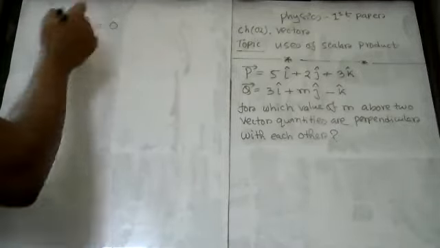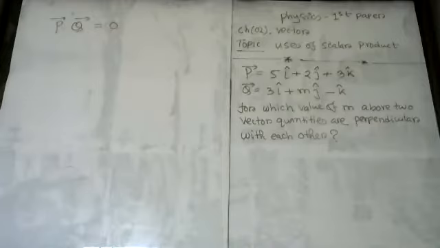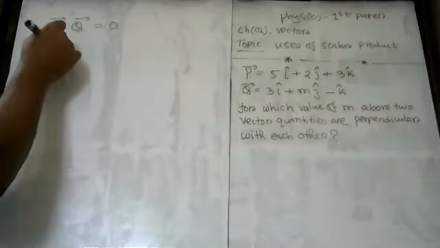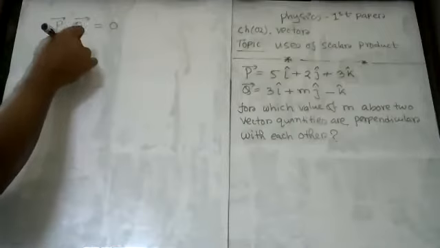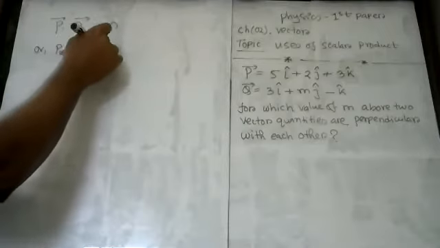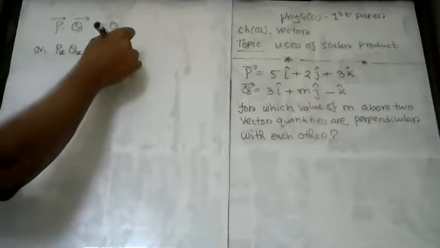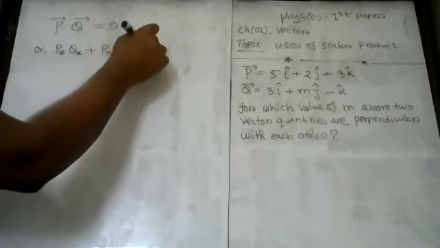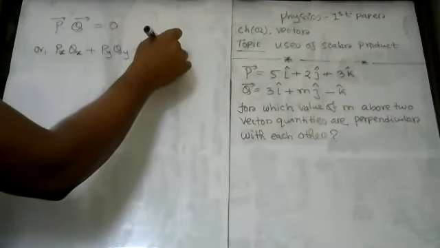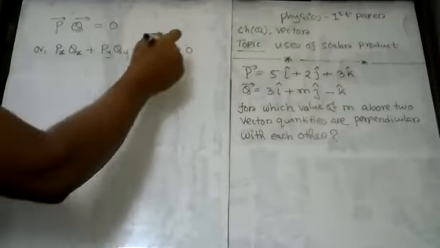Will equal to 0, since their dot product is 0 because they are perpendicular vectors. Now P dot Q equal to Px Qx plus Py Qy plus Pz Qz will equal to 0.